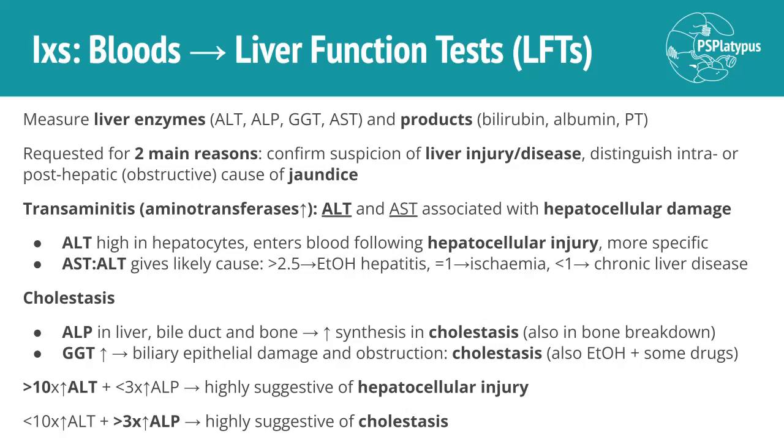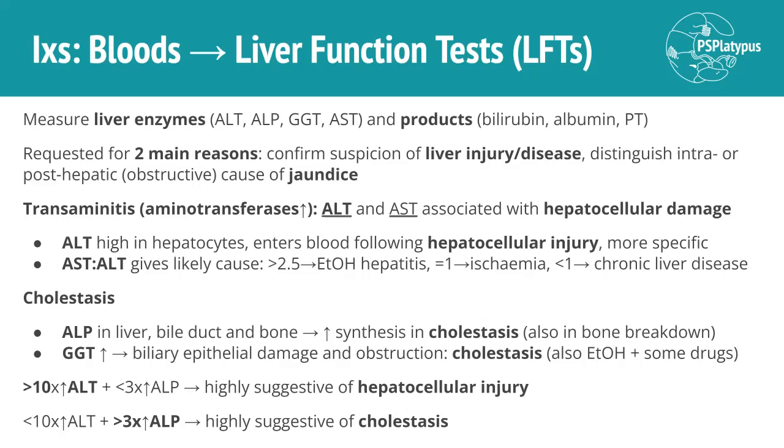GGT is also increased due to other causes, such as alcohol and some drugs, I think, including phenytoin. But it's raised in biliary epithelial damage, so that damage to the bile ducts that come from the liver and the pancreas and connect to the gallbladder and the duodenum.